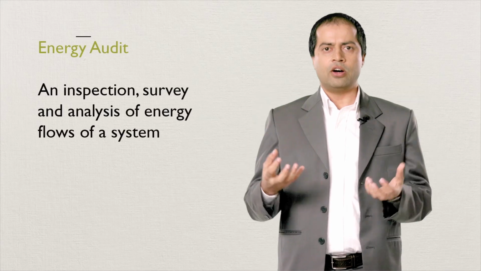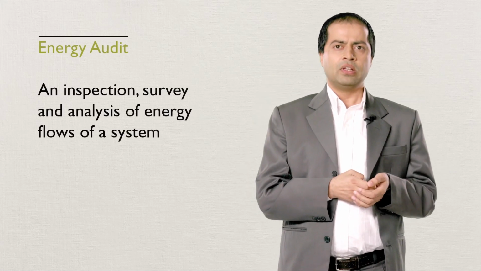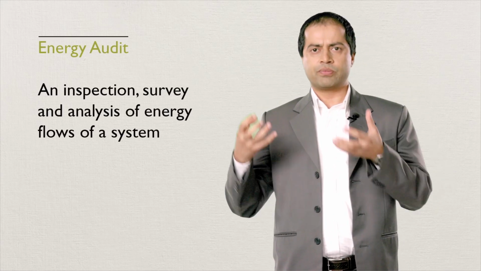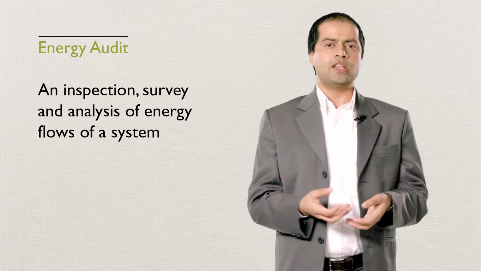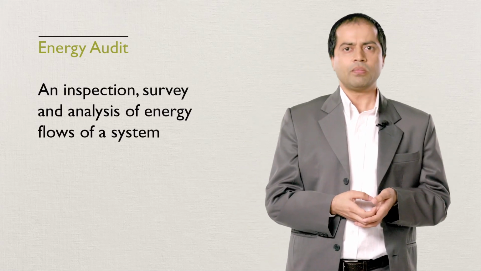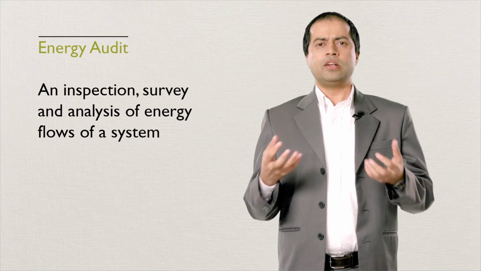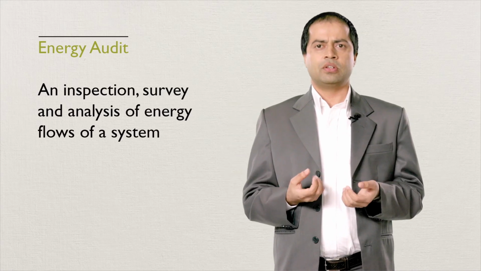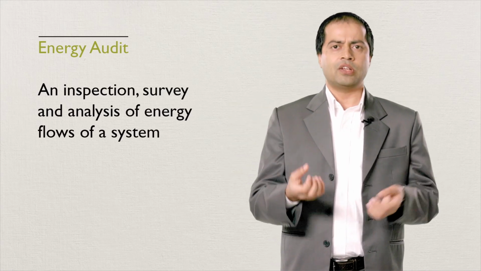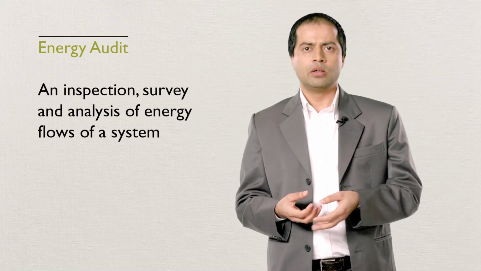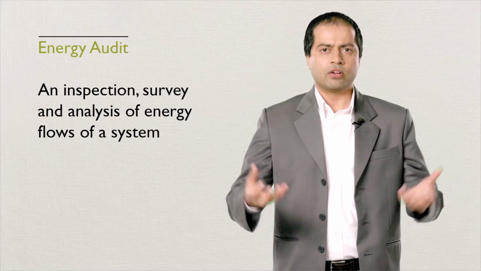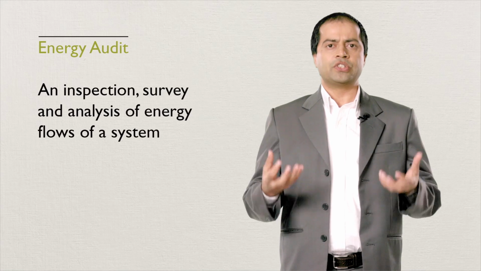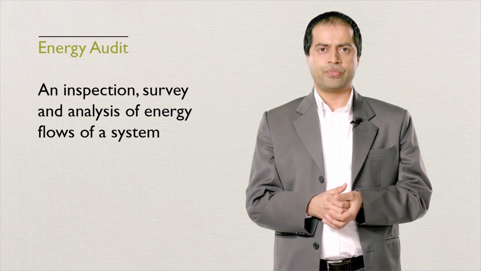This procedure is called energy auditing. An energy audit can be simple, just having a close look at the process and observing the areas of energy losses. Or it can be a complex analysis where every single step of the process is examined, measured, and categorized according to its impact and replacement cost.